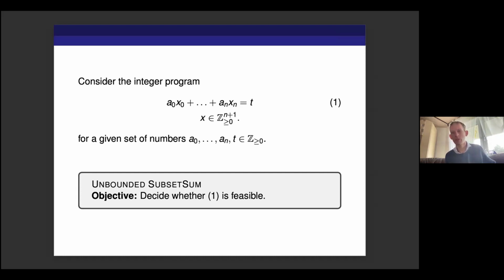In contrast to the classical SubsetSum problem, which Carl talked a lot about, we may now choose arbitrary multiples of each item size. That's the only difference. And that actually makes the problem easier.